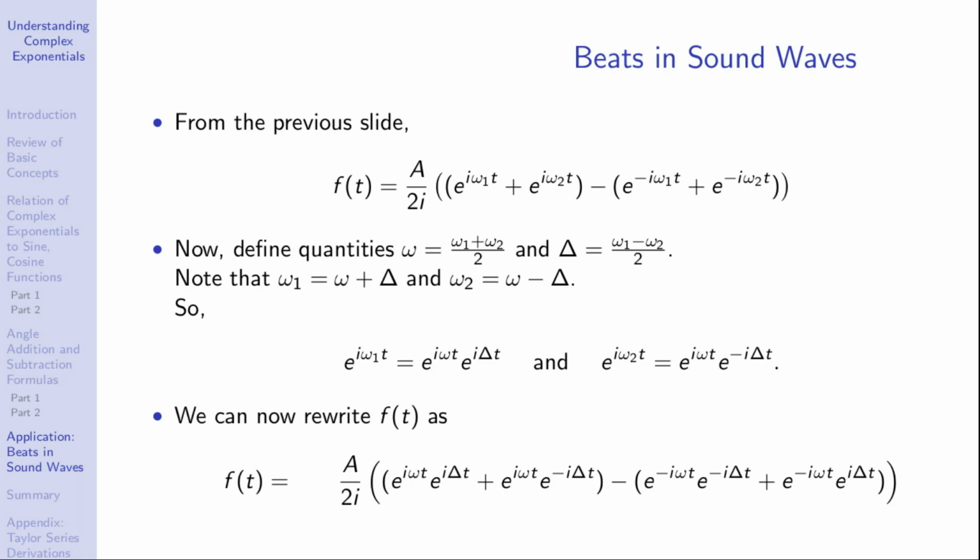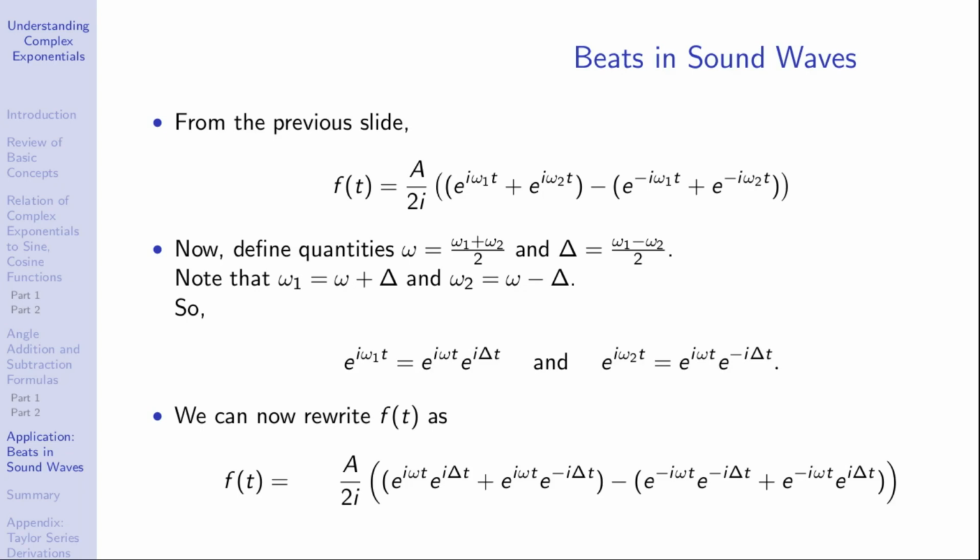So note that omega 1 equals omega plus delta, and omega 2 equals omega minus delta. So now we can rewrite e to the i omega 1 t as e to the i omega t times e to the i delta t. And we can write e to the i omega 2 t as e to the i omega t times e to the minus i delta t.